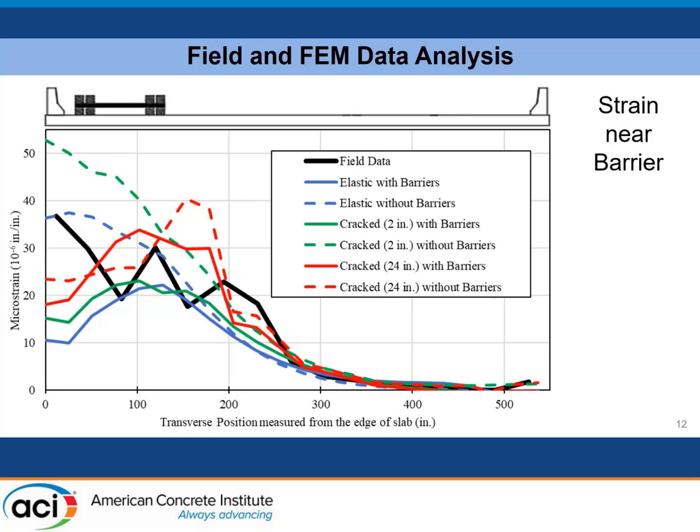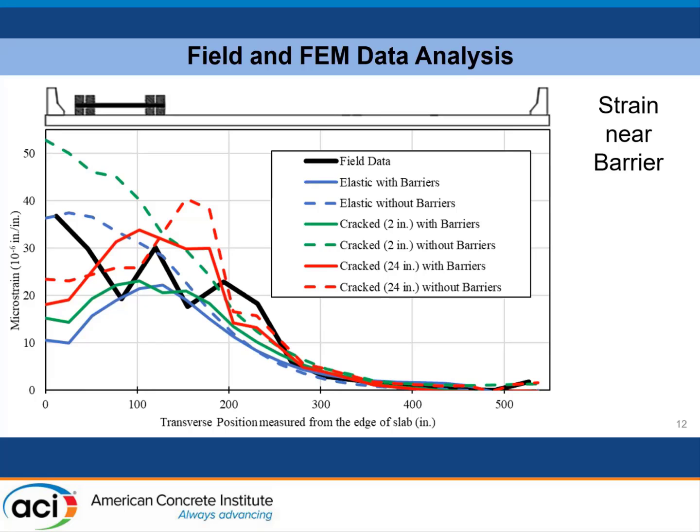And we can see that for the strain near the barrier, the most cracked model, so the nonlinear model with the 24-inch cracks, seems to match the shape of the field data the best. The less cracked and the elastic models are a little bit smoother. They aren't as jagged as the field data seems to be.